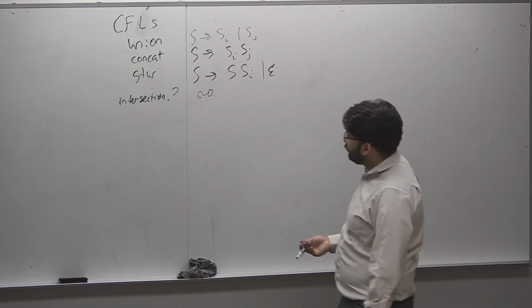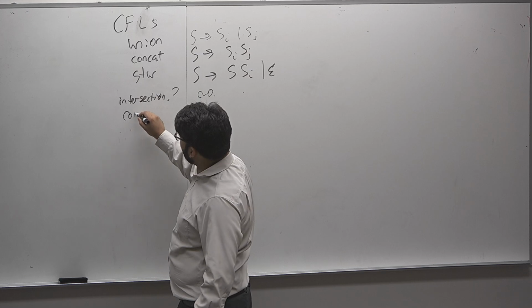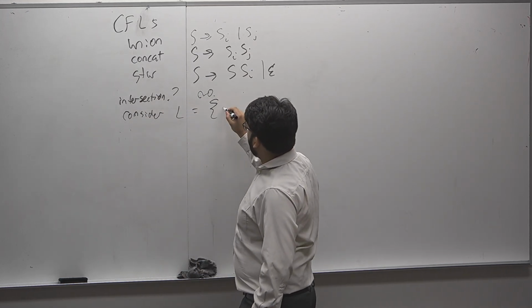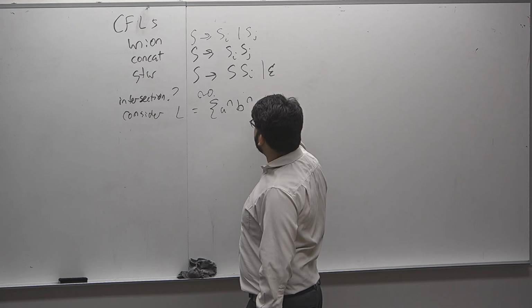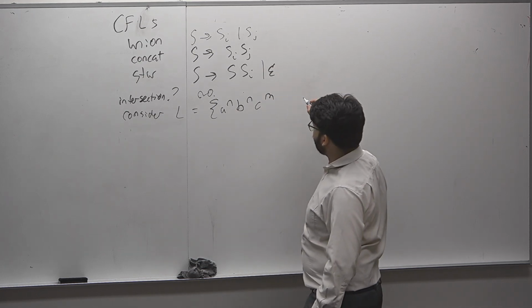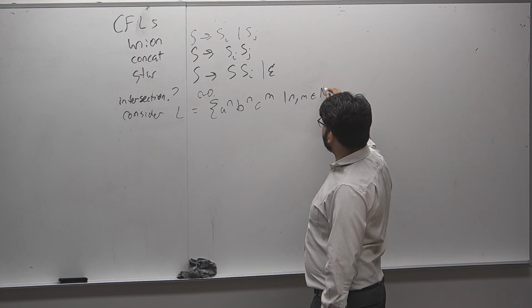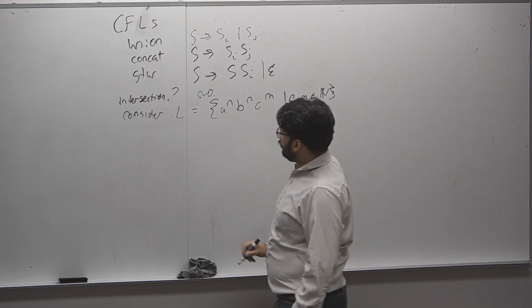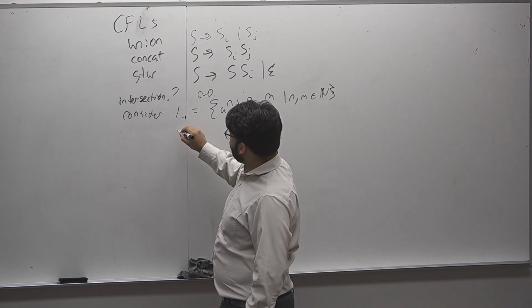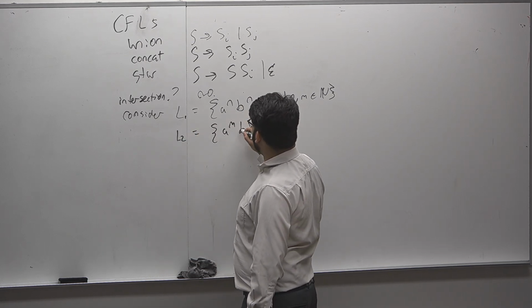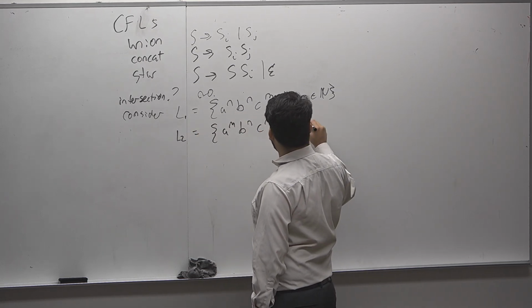Here's the proof. Consider L1 equal to A to the N, B to the N, C to the M, where N, M are natural numbers. Call that L1. L2 is going to be A to the M, B to the N, C to the N, where N, M are natural numbers.